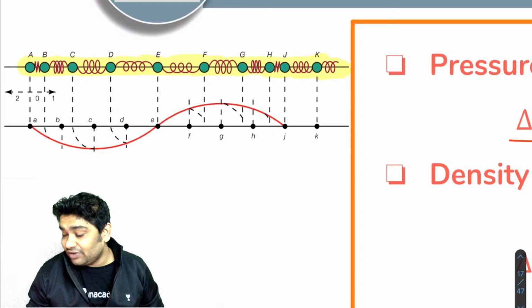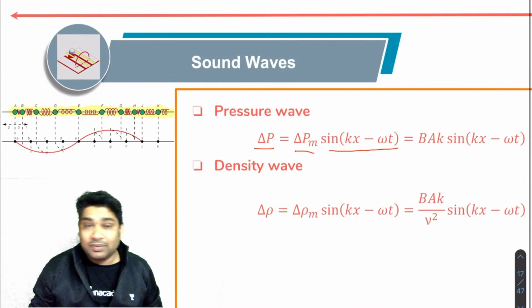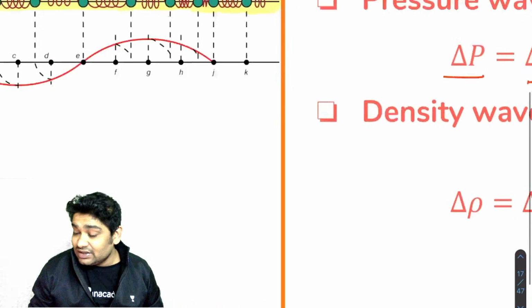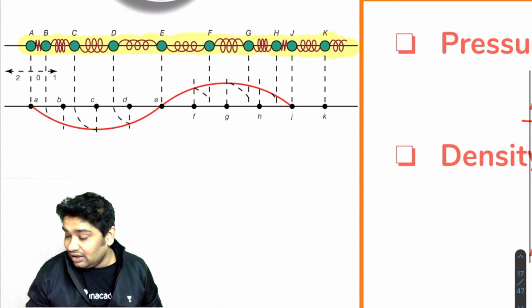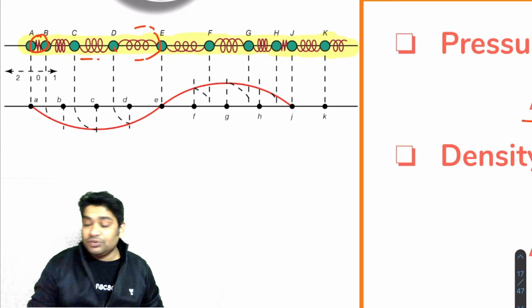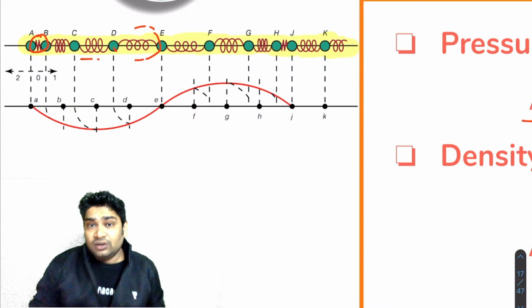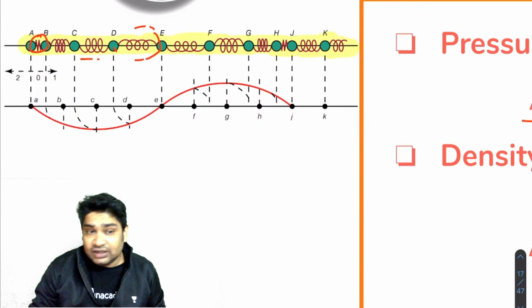This is a pressure wave. Imagine this is a displacement wave, and with the help of this, you can write the pressure wave. These regions would have a high pressure, this would be normal pressure, and this would be a low pressure region. So you would have alternate high pressure and low pressure regions. That is the entire idea of this wave.